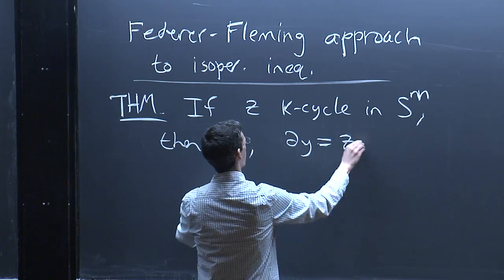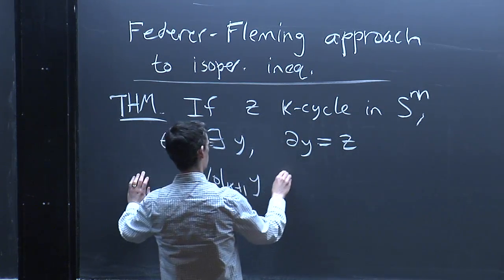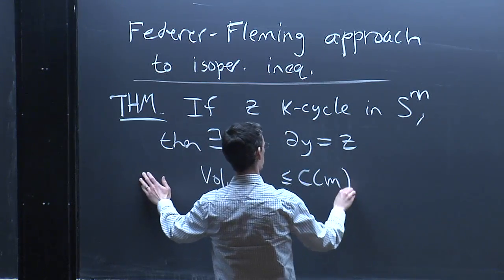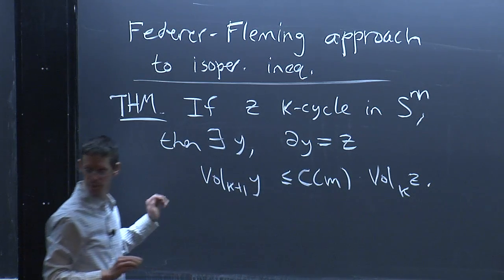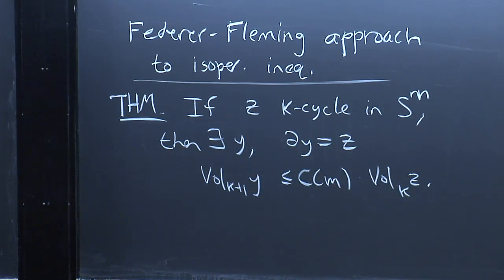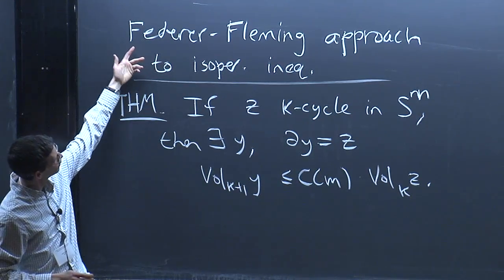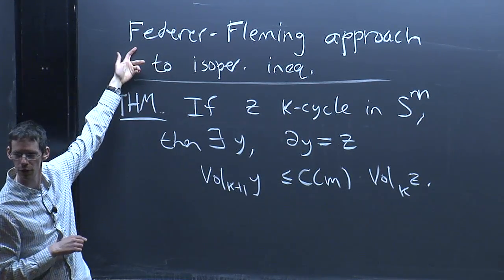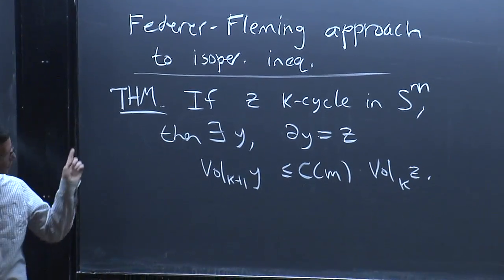So the boundary of Y is Z. And the volume of Y is bounded by some dimensional constant times the volume of Z. Okay. Although for full disclosure, we won't exactly be using this theorem. What we're going to be using is Federer and Fleming's idea about how to prove this theorem. Okay. So these are the two things that go into the proof.